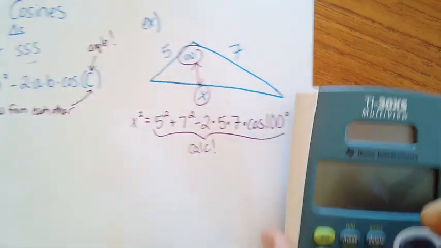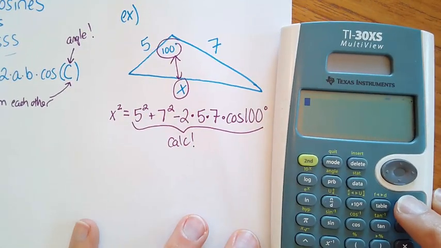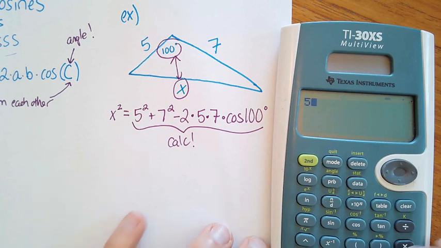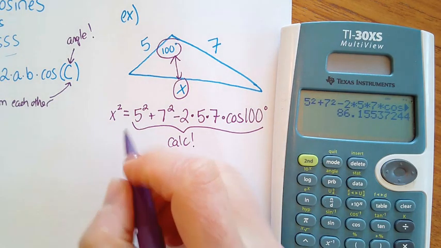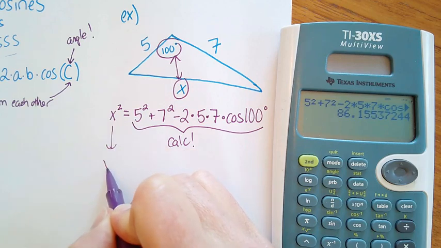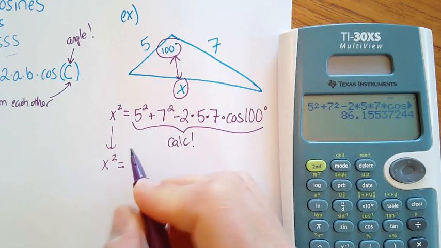Find a calculator, and the one on Desmos.com, the scientific calculator, works great for this if you need an online one. So we have 5 squared plus 7 squared minus 2 times 5 times 7 times the cosine of 100, close up your parentheses. So that whole thing we typed in, and I'm going to drop this down. I get x squared equals about 86.2.